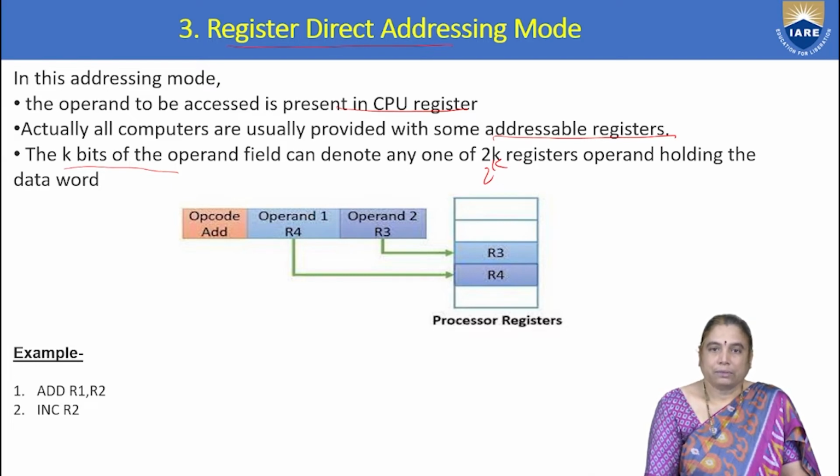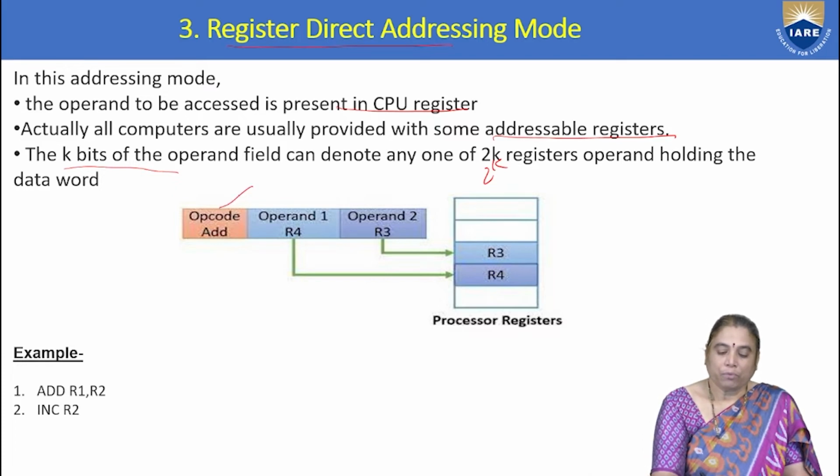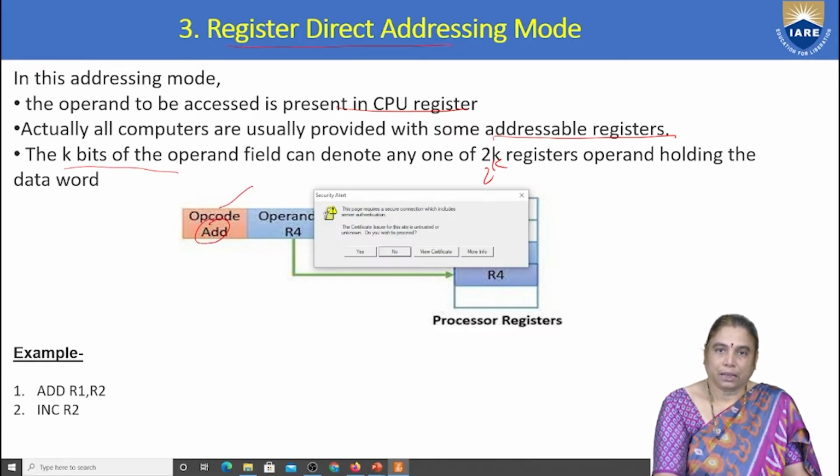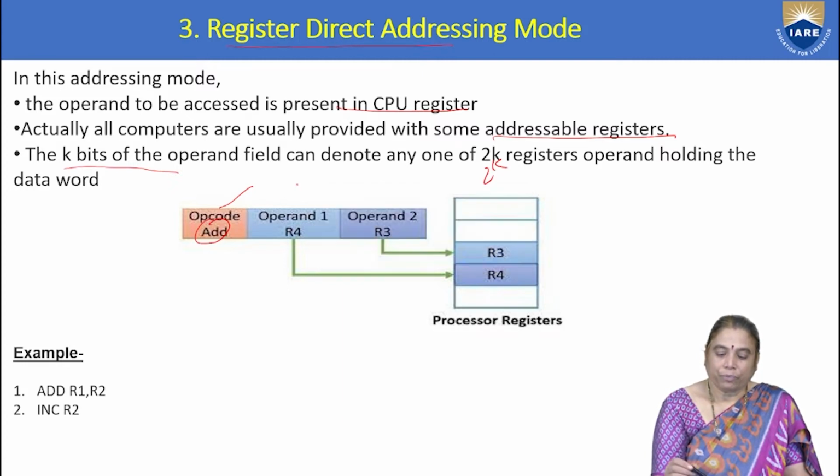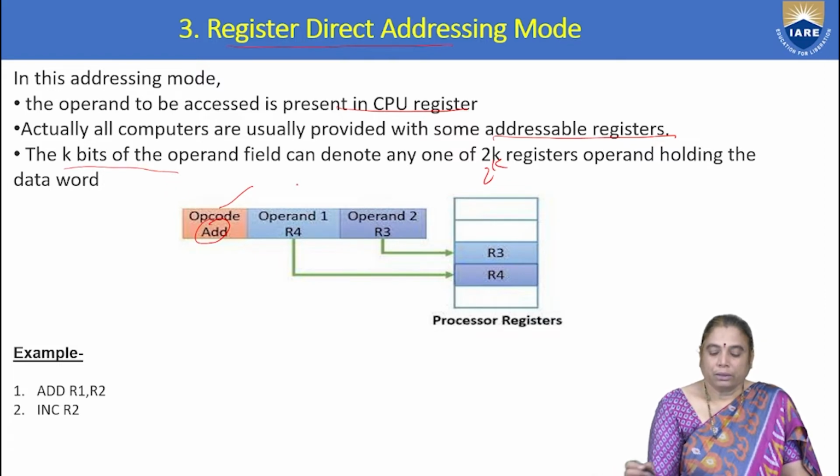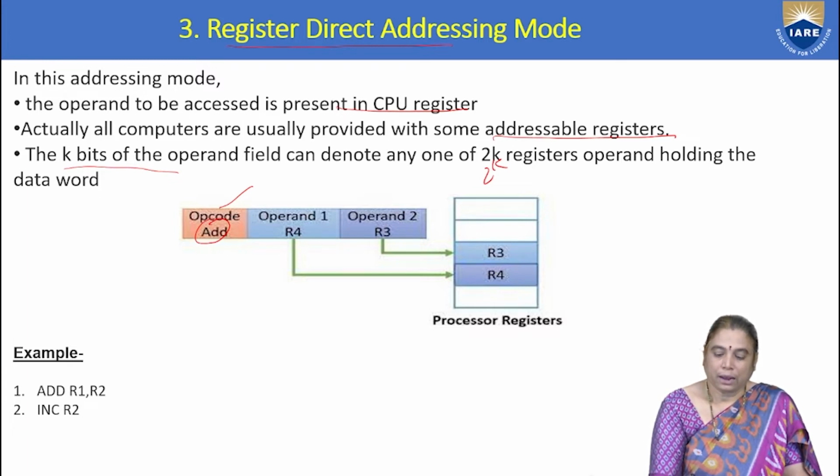So in the case of register direct addressing mode, the instruction format is specified with the opcode, and next the operand is R4. So operand 1 is referring to the register that is available on the CPU, register R4.